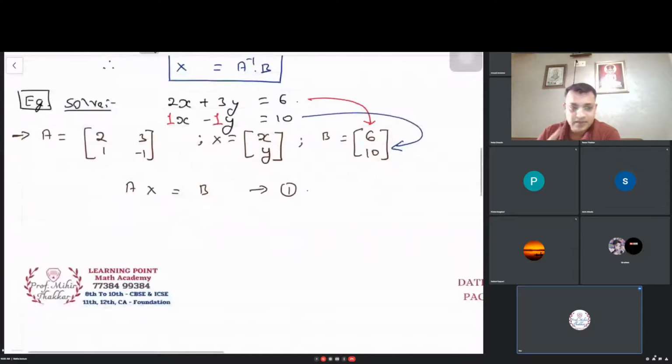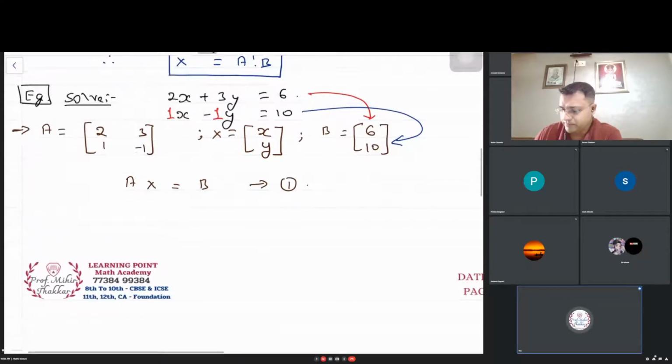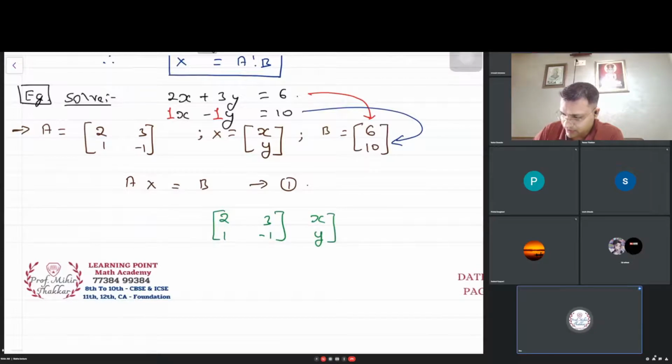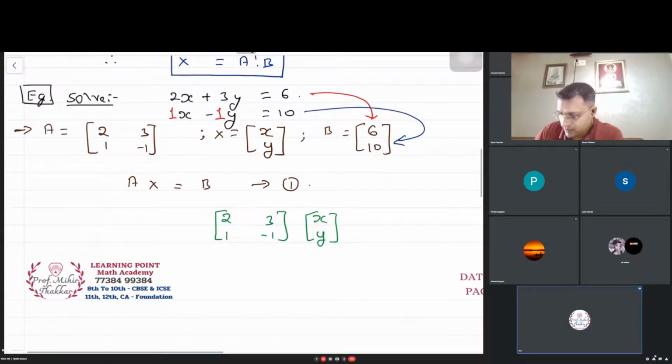Now comes the reason why X is a column matrix. See, I will just show it to you. Don't write it because I am myself going to erase it in some time. It is just for understanding purposes. We don't write and show this in the exam. See this. If you have the matrix A as 2, 3, 1 and minus 1, and I have X as, suppose, X and Y like this, it is very clear that the first matrix is of order 2 by 2, and the second matrix is of order 2 by 1.